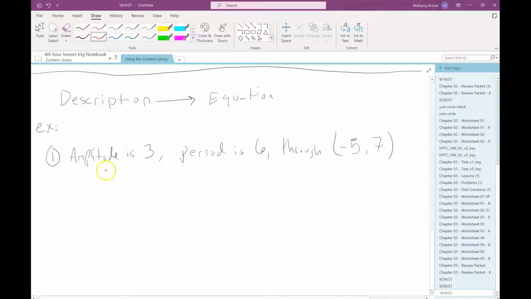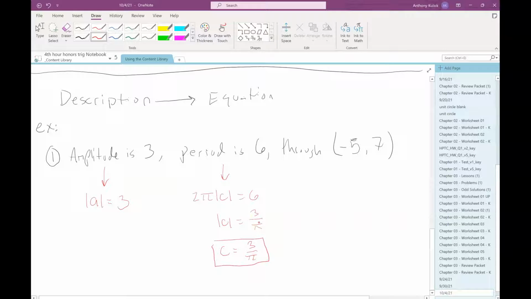So the amplitude, squared away, gives me the possible values for A, right? Where A can be positive or negative. Everybody's cool with that? The period I can use to get C. And as I've said a couple of times now, I'm just always going to pick C to be positive.